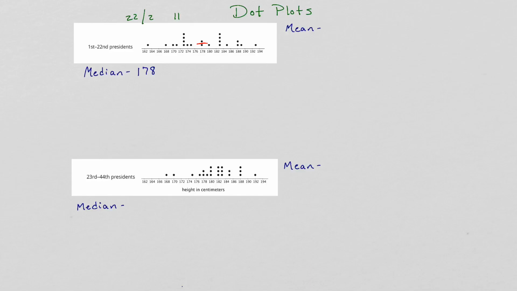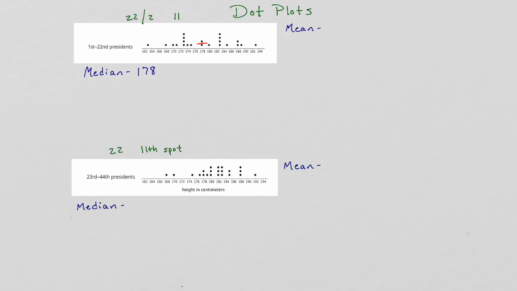All right, let's find the median for the second group. So again, we had 22 pieces of data, which means we're looking for our 11th piece of data. Let's count. 1, 2, 3, 4, 5, 6, 7, 8, 9, 10, 11.